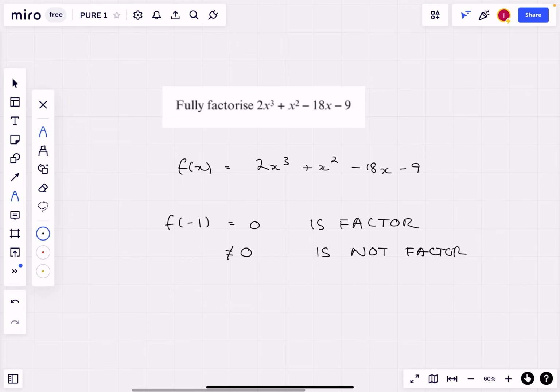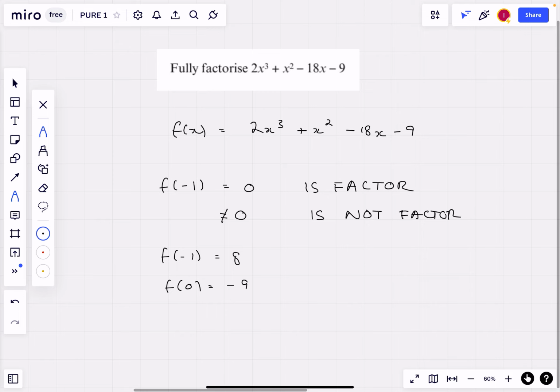So when you sub in f(-1), you get 8. So it's not a factor. Okay, try something else. f(0) definitely doesn't work because that gives you minus 9. Does f(1) work?